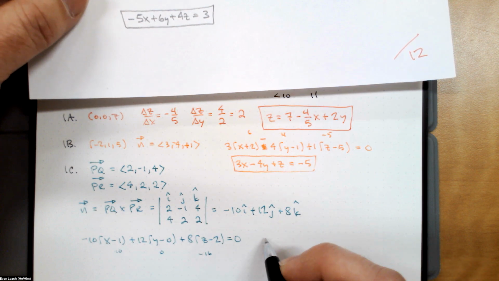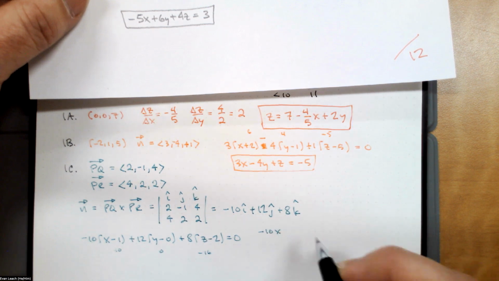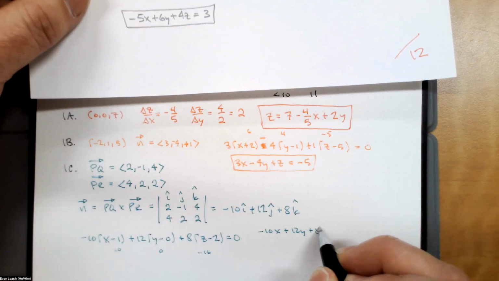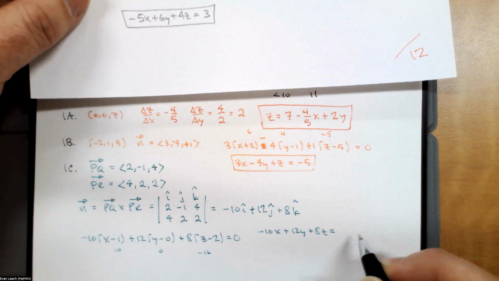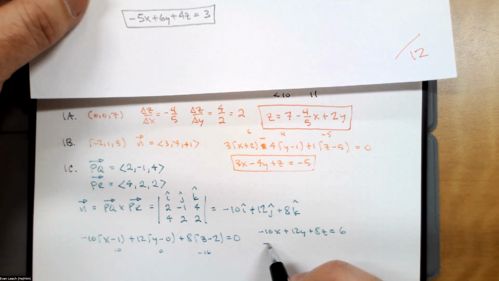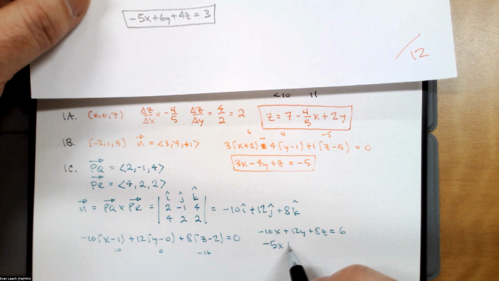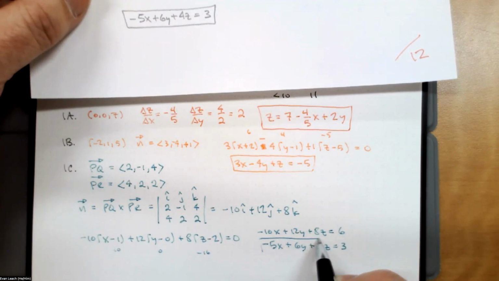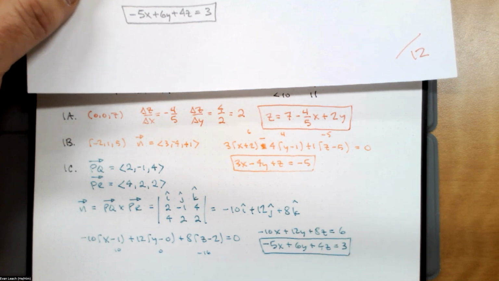So we could go negative 10x plus 12y plus 8z is equal to 6. So that's where I got the 3. I then divided by 2 because I noticed my equation was twice as big as it needed to be.